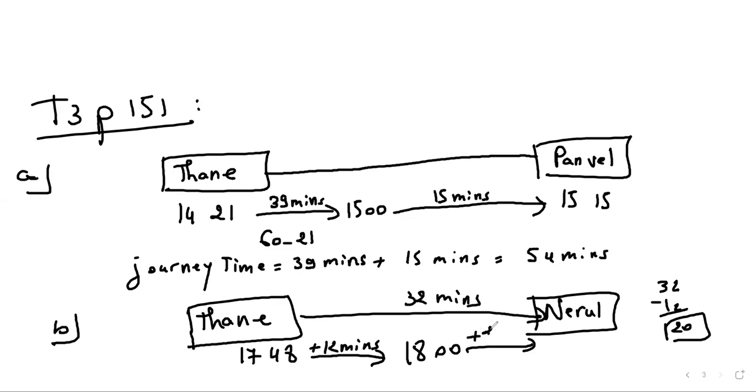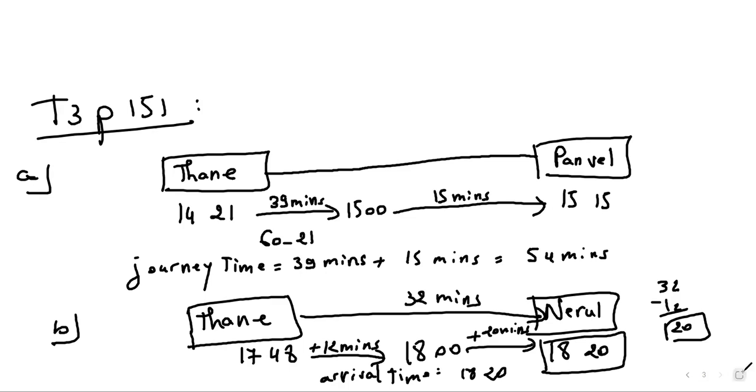The train will arrive at 18:20, and this is the arrival time. This is what the question asked. Okay, so this is for task 3.